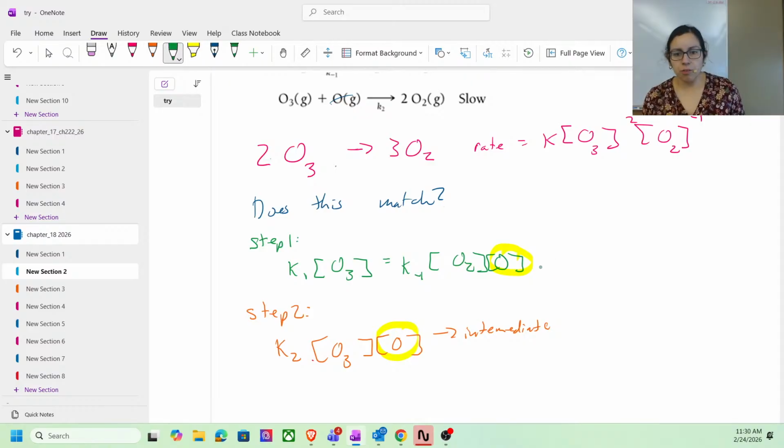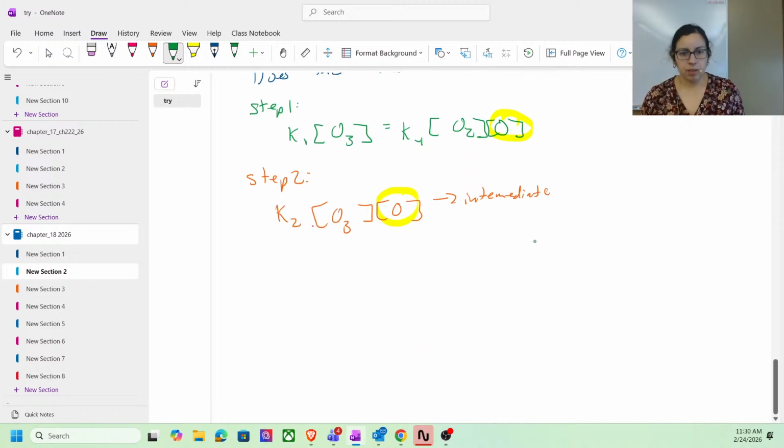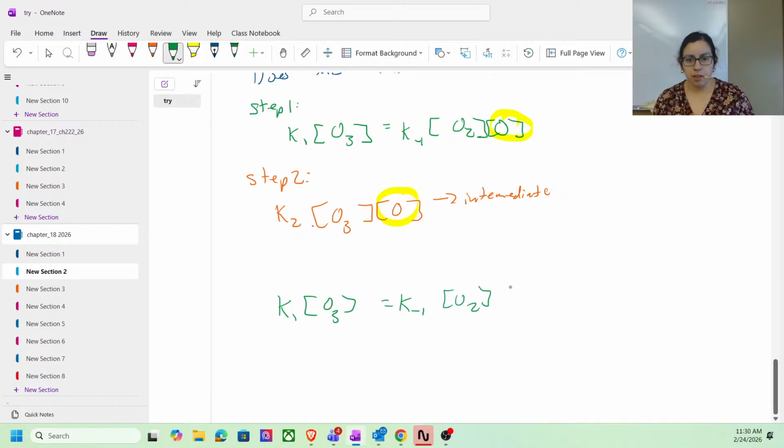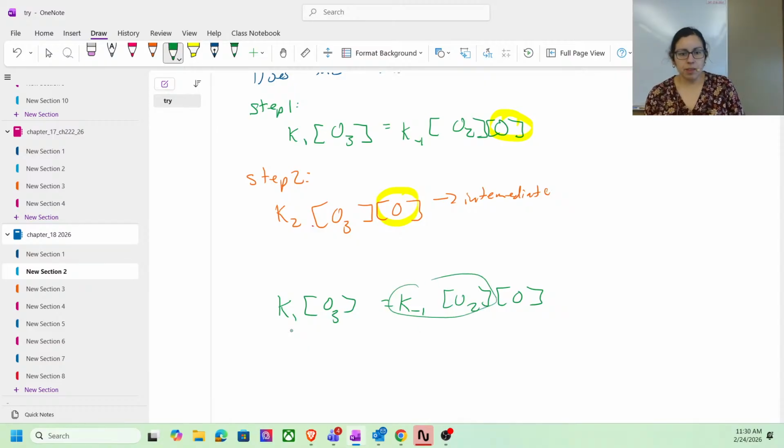Now it's just algebra at this point. I'm just going to divide everything. I'll rewrite it: K1 times O3. I'm trying to divide, and I just don't want to do it too quickly. So then divide by this.